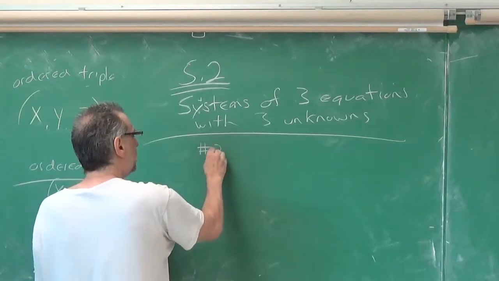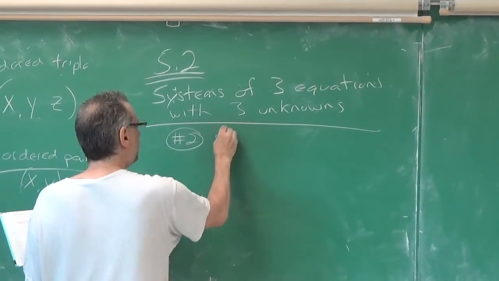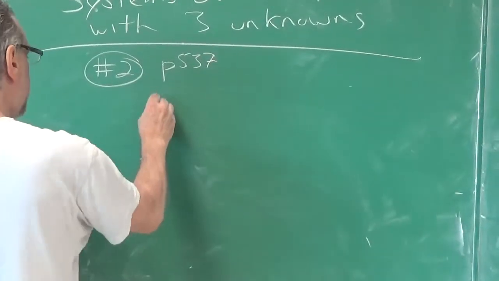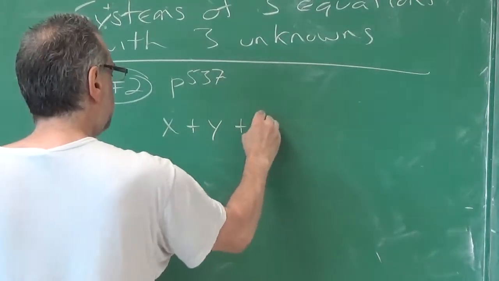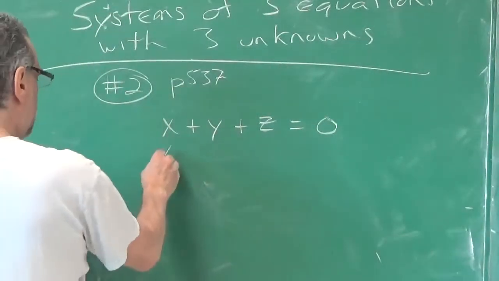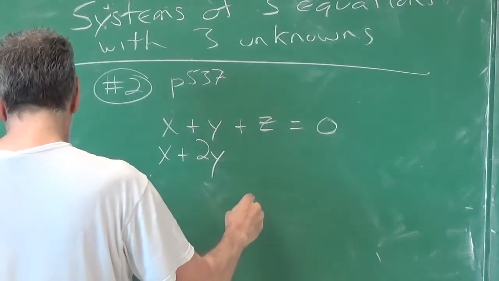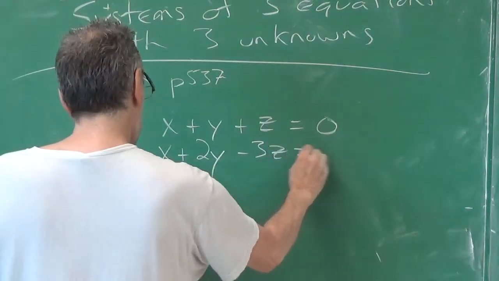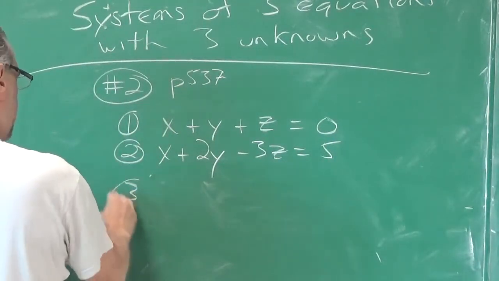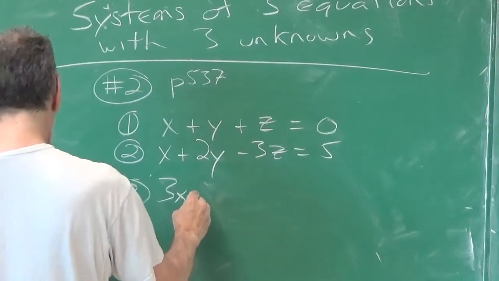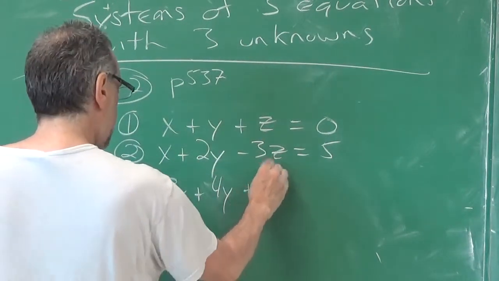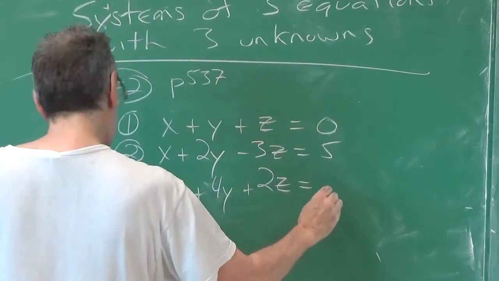So something like number 2 on page 537. We're given this system of 3 equations and 3 unknowns. x plus y plus z equals 0, x plus 2y minus 3z is 5. That's our first equation. Second equation, third equation, 3x plus 4y plus 2z is negative 1.